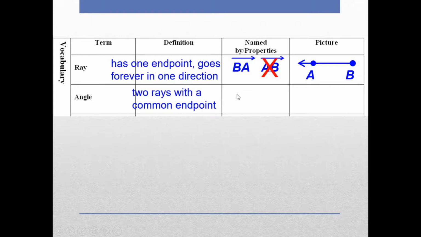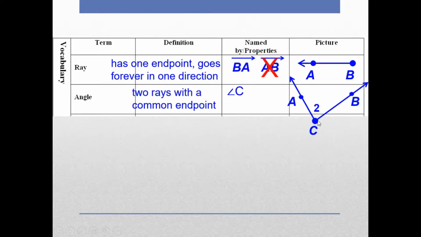An angle, which is what this section is all about, is really just two rays with a common endpoint. So what that looks like, you've got an endpoint here and two rays going in different directions. You name an angle by using a couple of different methods.